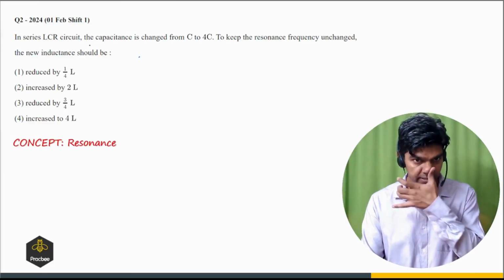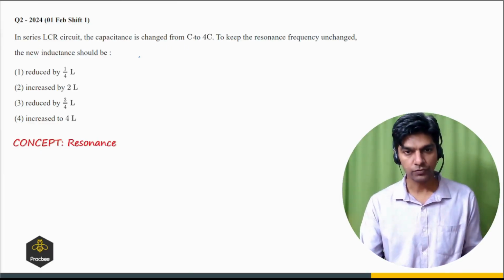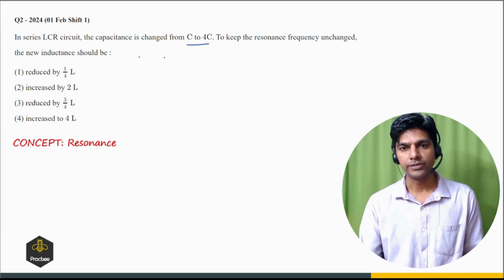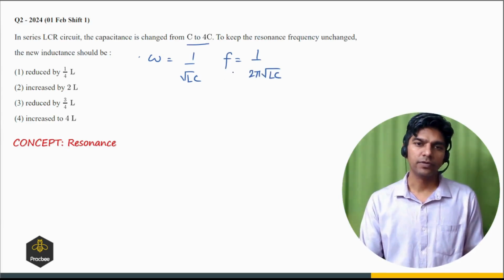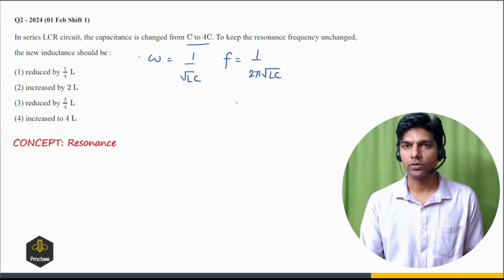So in a series LCR, the capacitance is changed from C to 4C. To keep the resonance frequency unchanged, the new inductance should be? Right, so we know that the resonating angular frequency is 1 by root LC, or we can say the frequency will be 1 by 2 pi root LC. So the frequency depends upon the product of LC.